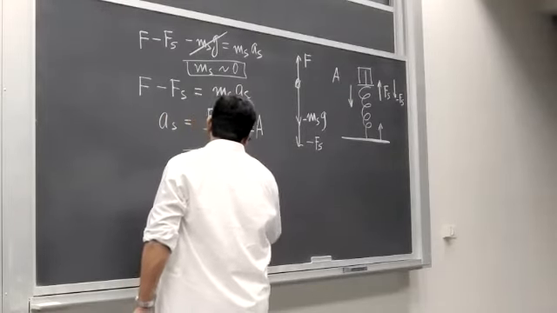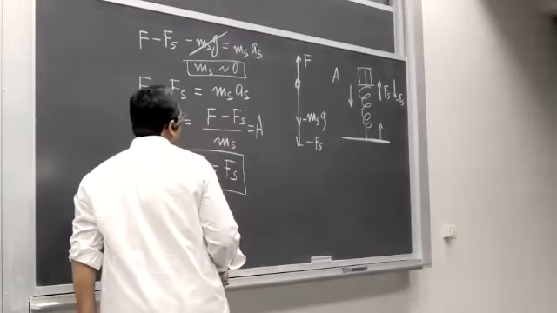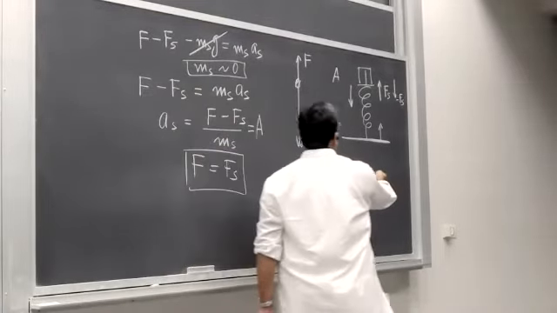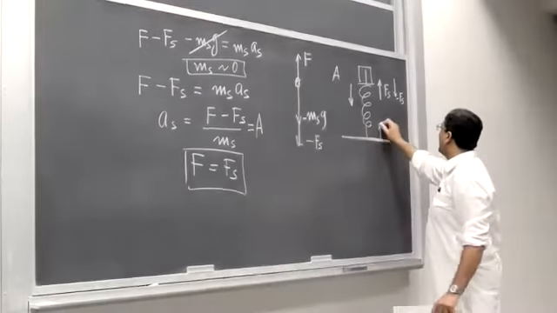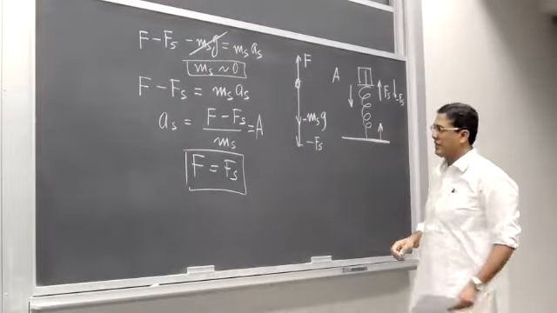The downward force by the block on the spring is equal to the normal force exerted by the floor of the elevator.